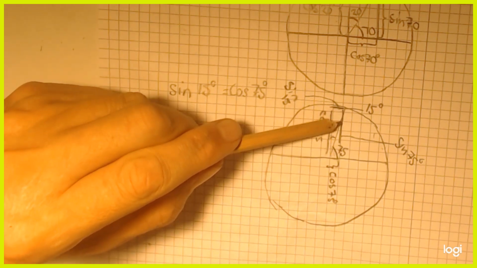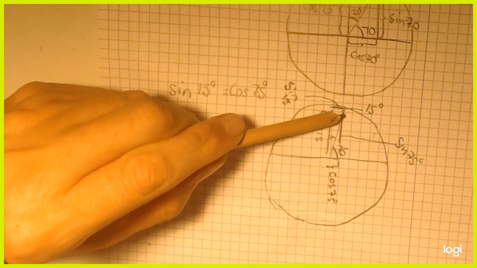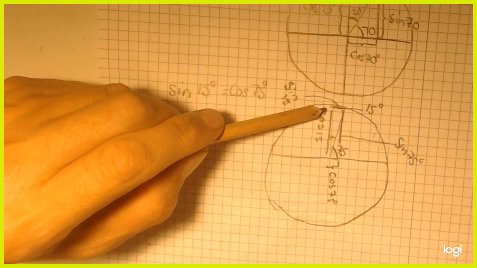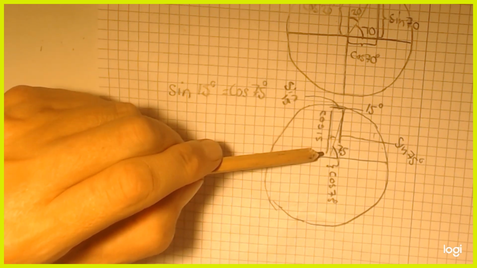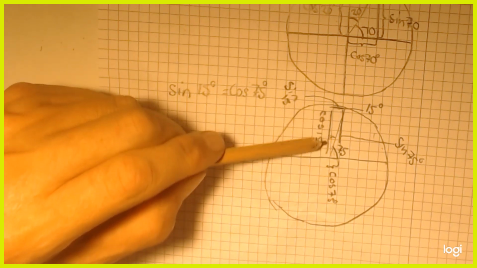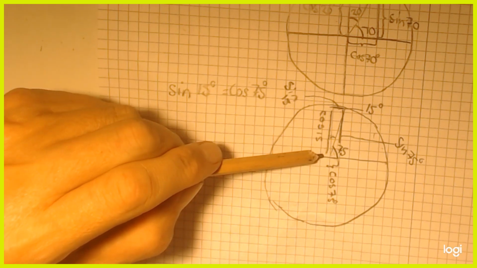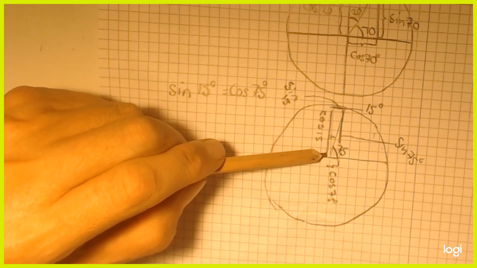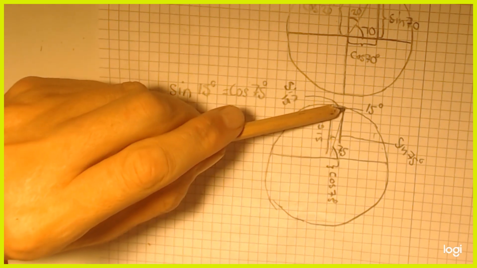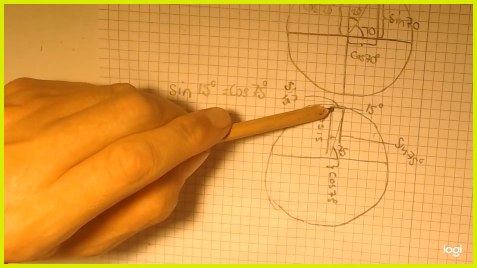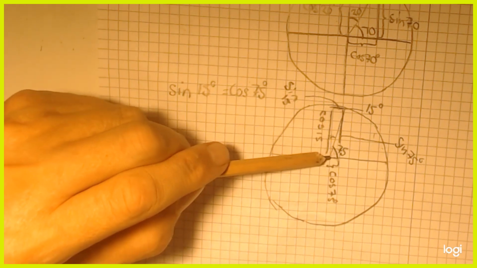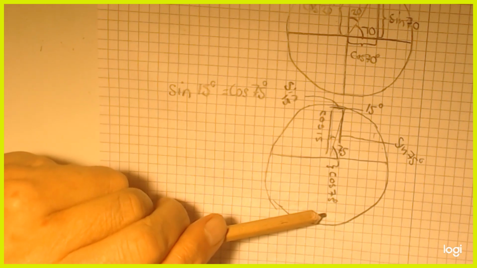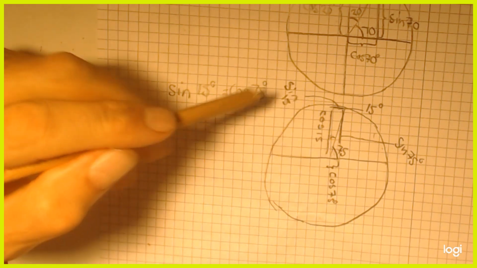So this side here is sinus 75, and that equals this side. So sinus 75 degrees equals cosine 15. And this side is sinus 15, and that is equal to cosine 75. That's it.